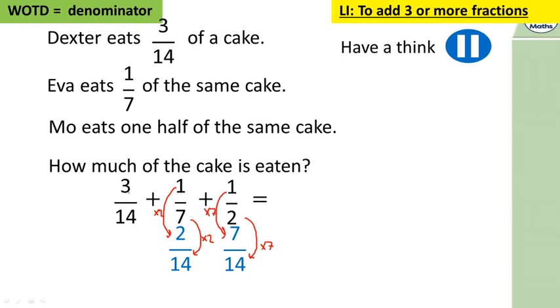So we end up with 3/14, add 2/14, add 7/14, which equals 12/14. And then, because they're both in the 2 times table, you can do what's called simplifying your fractions. So if you divide the top and the bottom by 2, you get 6/7.